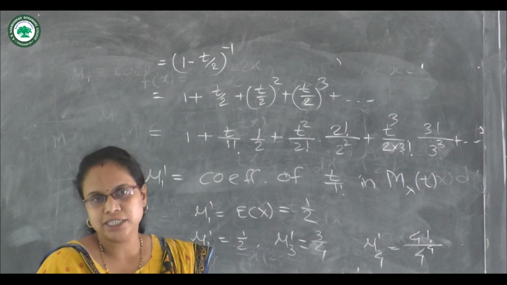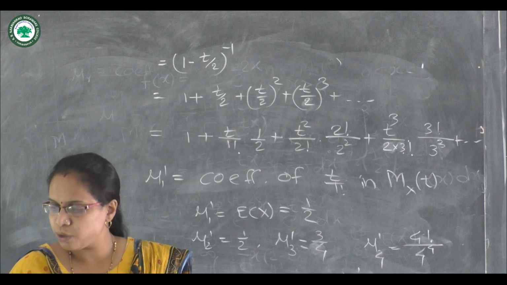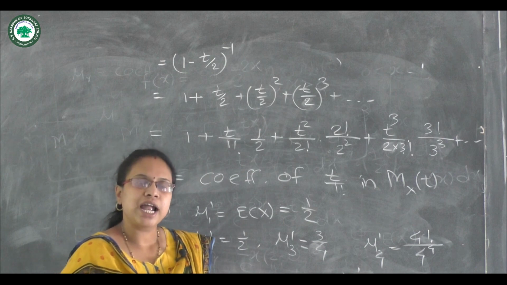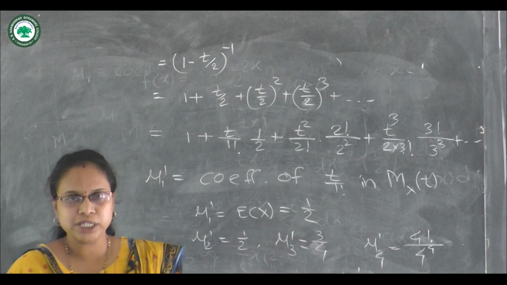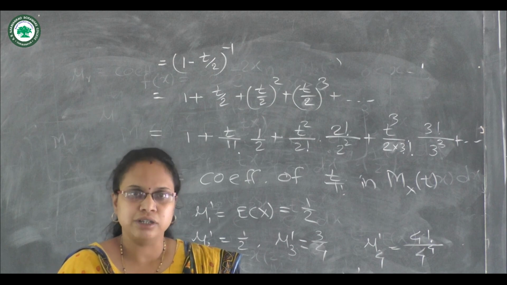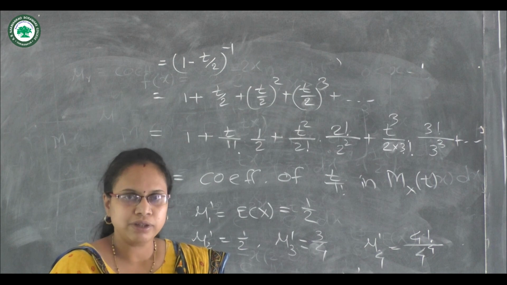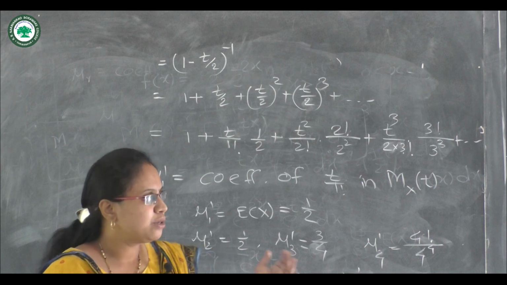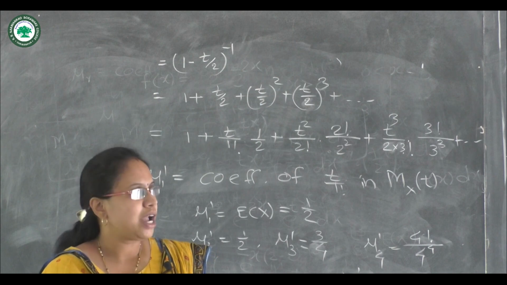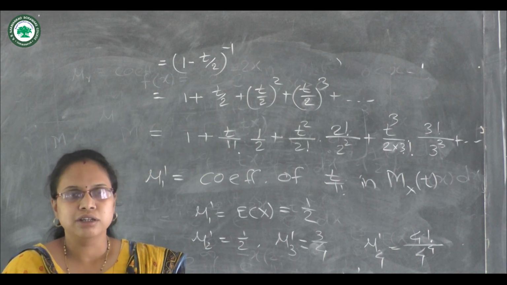The Pearsonian coefficient beta 1 is 4 and beta 2 is 9, and in this way we conclude that this distribution is positively skewed, and also it is a leptokurtic distribution. So this is the example based on the MGF, and using the first method, that is the expansion method, we have found the moments and the nature of the distribution. Thank you.